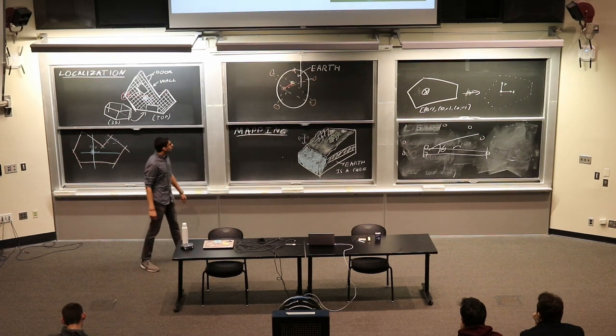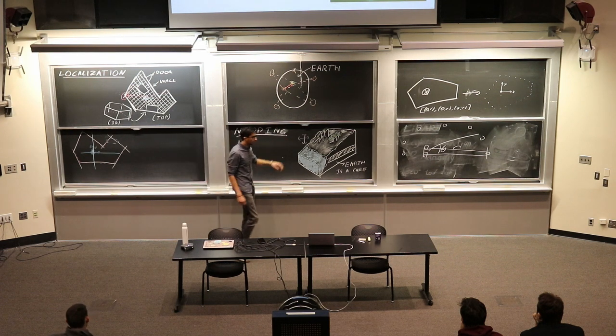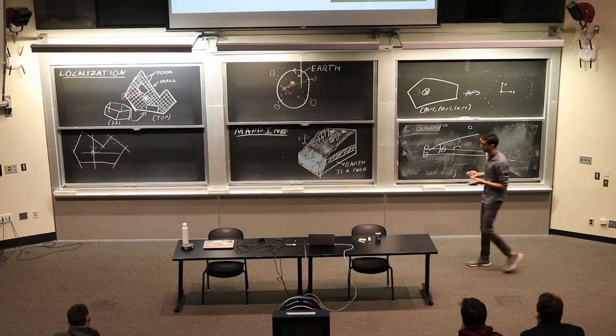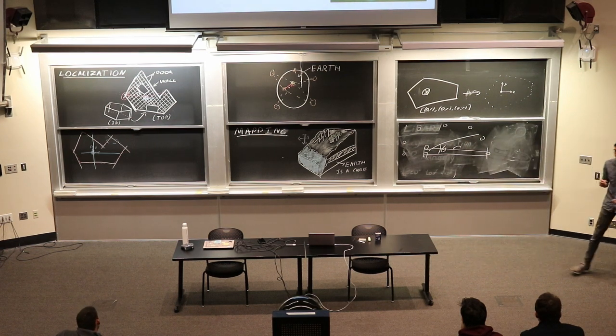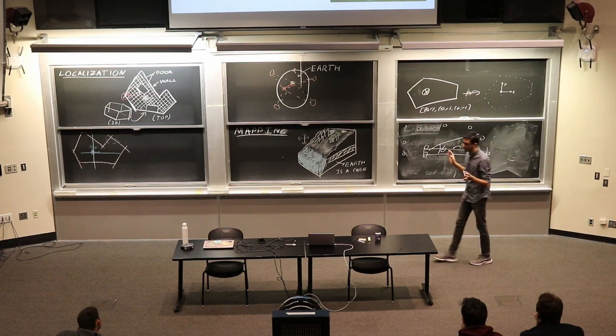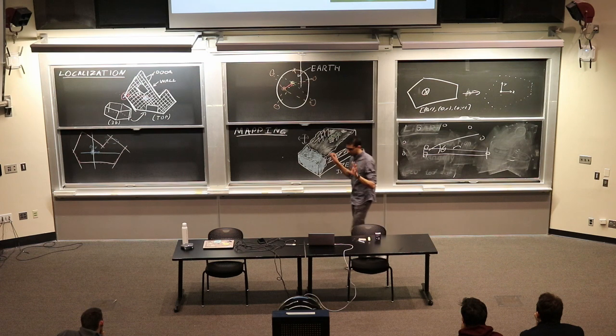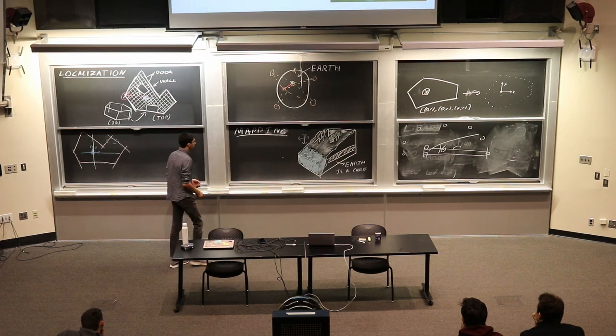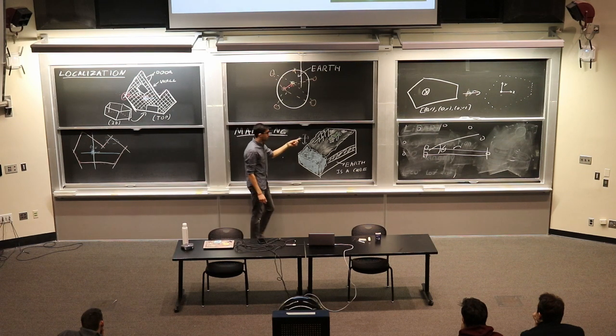That drone knows its position on the Earth. And thanks to new fancy RTK systems, which stands for real-time kinematics, which combines both satellites and actually cell phone towers now to figure out where your drone is on the Earth, it has about 1 centimeter precision in the measurement. What it's going to do is say, okay, I know where I am in the world.